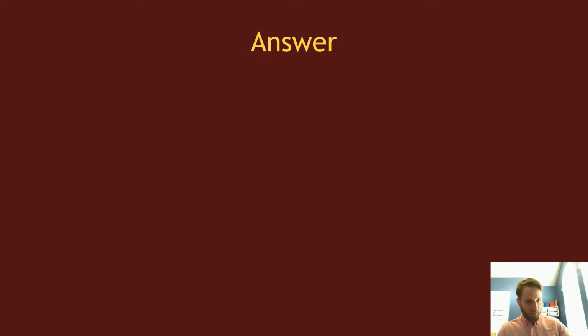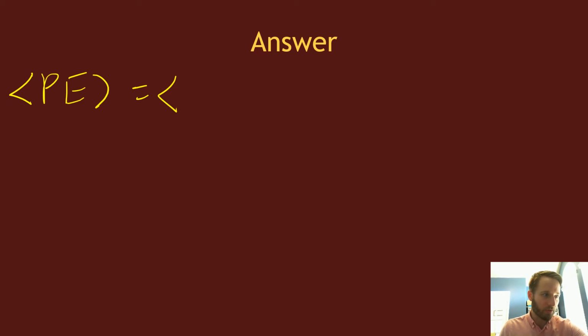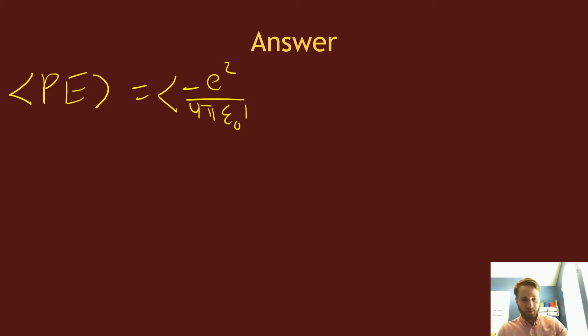Right. So the average potential energy, well, the potential energy for the hydrogen atom is equal to the Coulombic attraction between the electron and the nucleus, which ends up being minus e squared over 4 pi epsilon naught r.